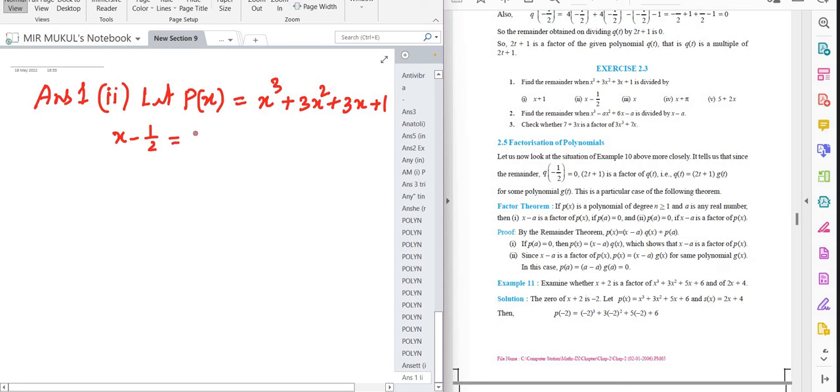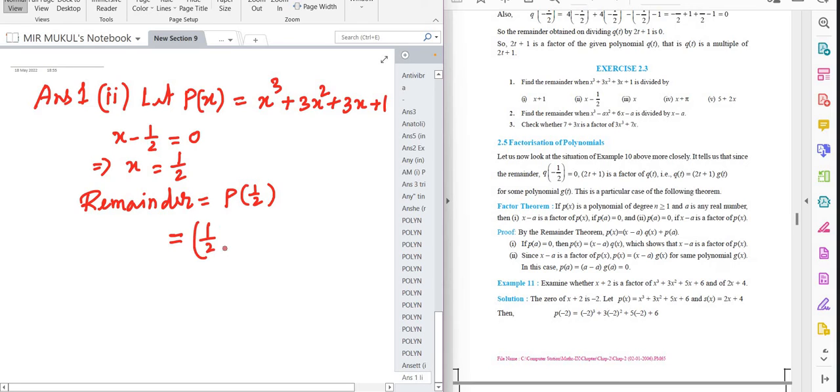So x minus 1 by 2 equals 0, you write. So x equals 1 by 2. So remainder equals P(1 by 2). So P(1 by 2) will be 1 by 2 whole cube plus 3 into 1 by 2 square plus 3 into 1 by 2 plus 1.